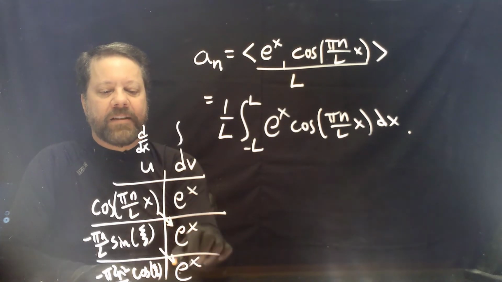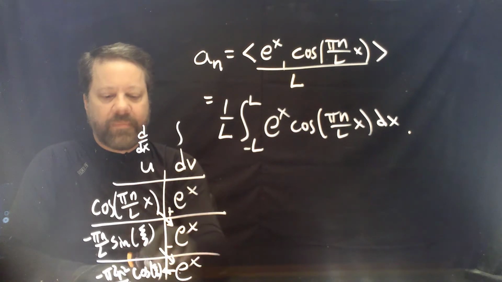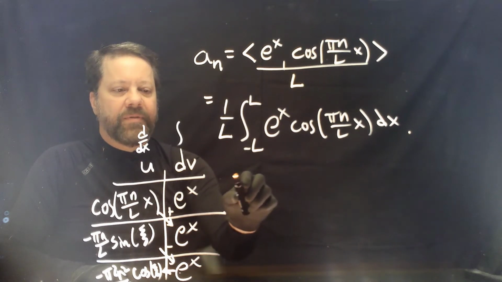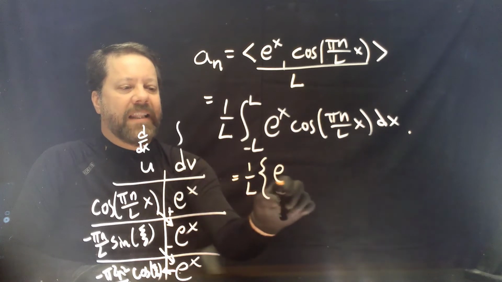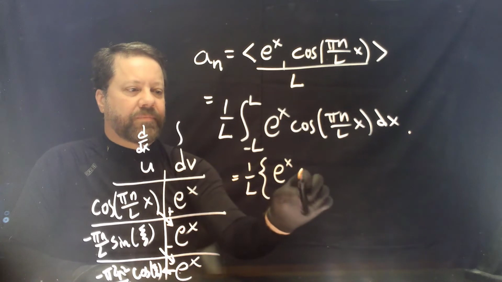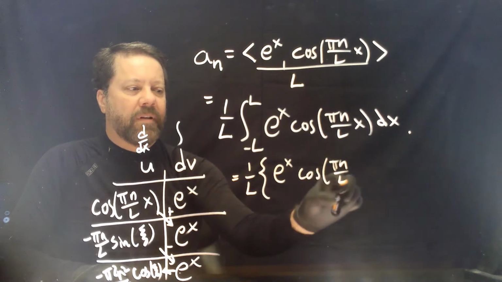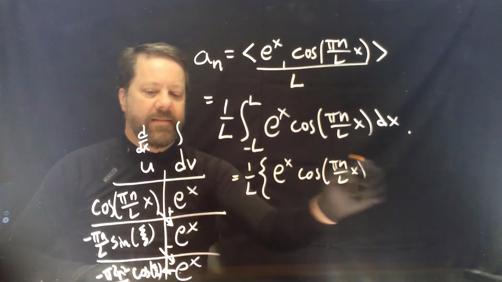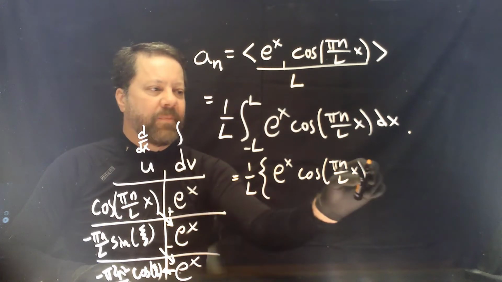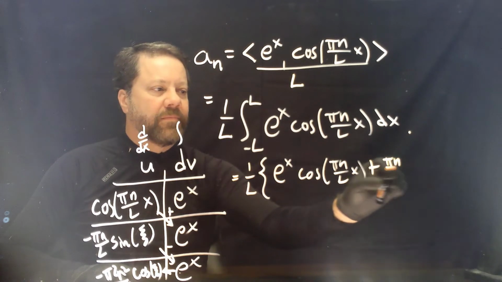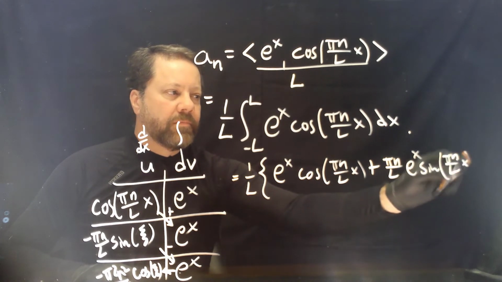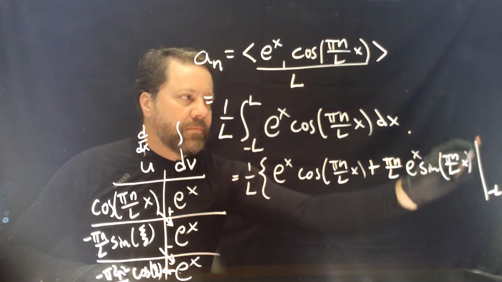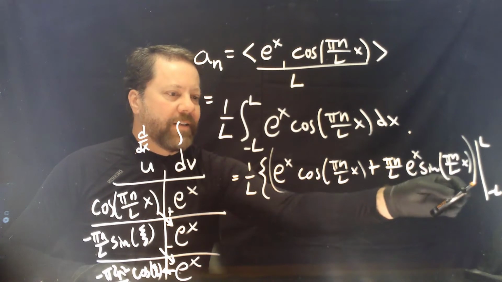You multiply down diagonals, alternating signs, but on the last row, because you don't get 0 here, what you'll have to do, we still have this 1 over L. We'll have e to the x times the cosine, and then minus is plus, that evaluation applies here.